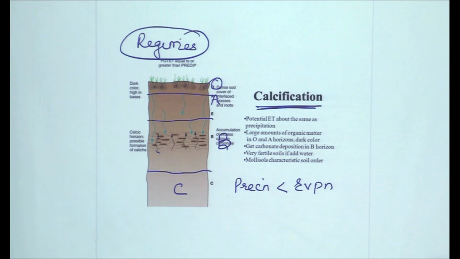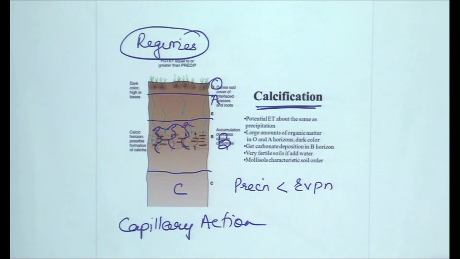What will happen? There will be the effect of capillary action. Subsurface salt will start getting accumulated in genetic horizon B. The process of calcification makes soil rich in calcium, which is a principal nutrient, so it can make it fertile.